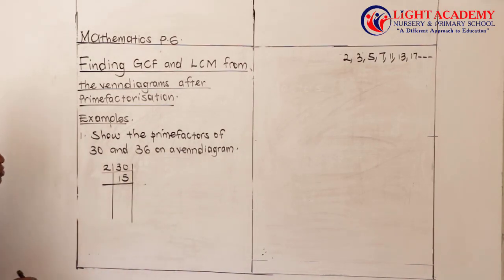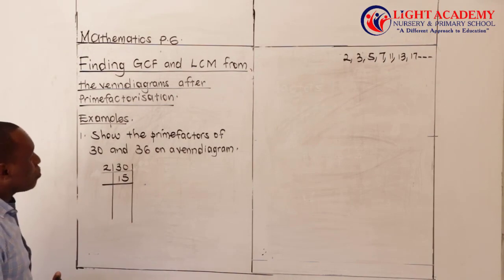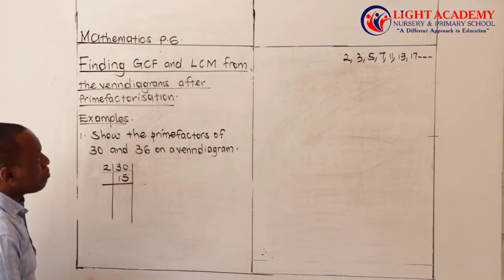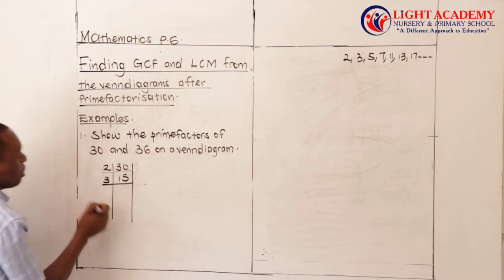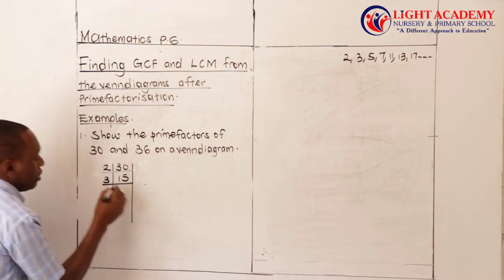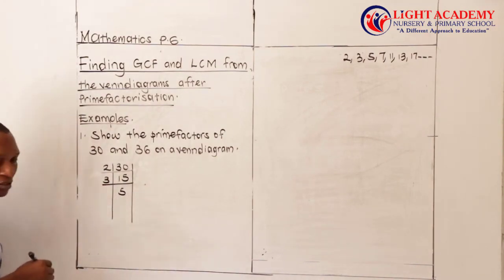After dividing 30 by 2, I've gotten 15. So 2 cannot still divide 15 completely. I choose another prime number which can divide 15 without a remainder, and in this case, I'm going to use a 3. Then 15 divided by 3 gives 5, right?